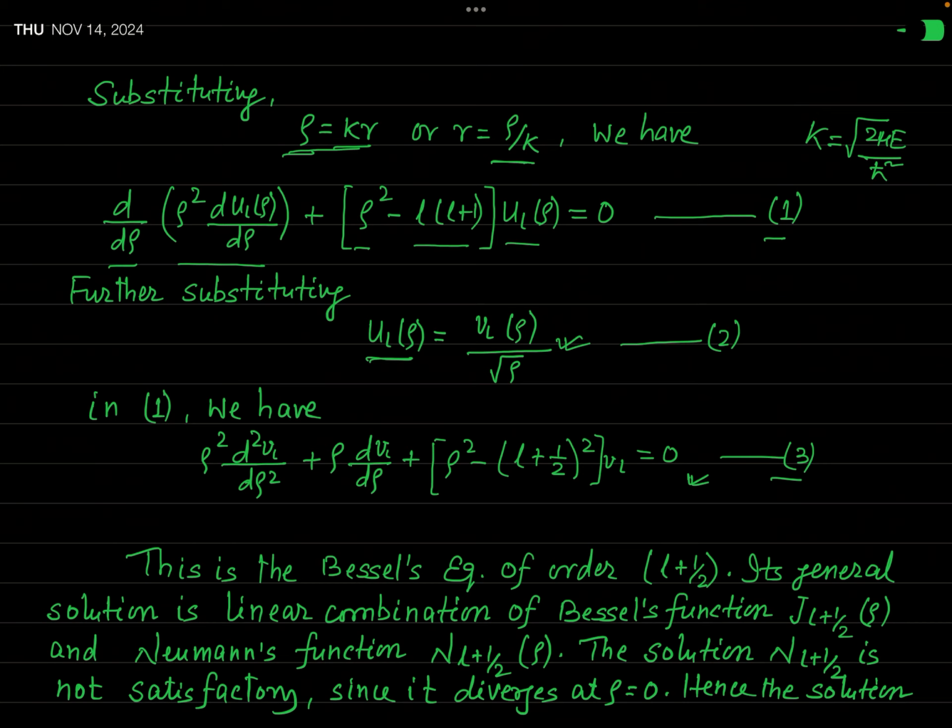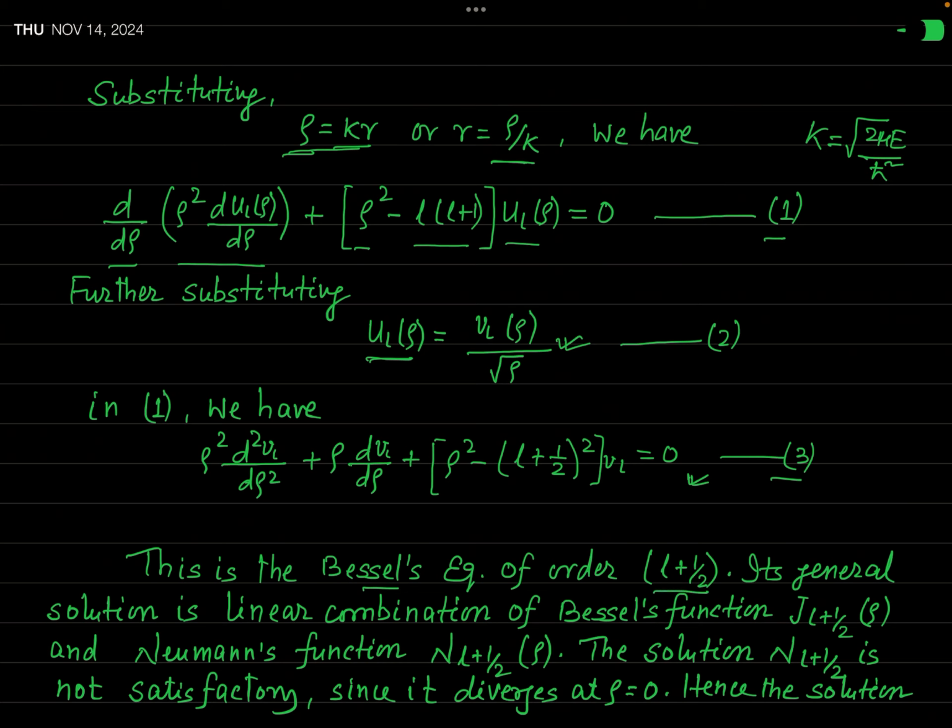Now, when you observe this equation 3, and if you have studied the Bessel differential equation, then you can easily say that this is simply the Bessel's equation of order L plus half.